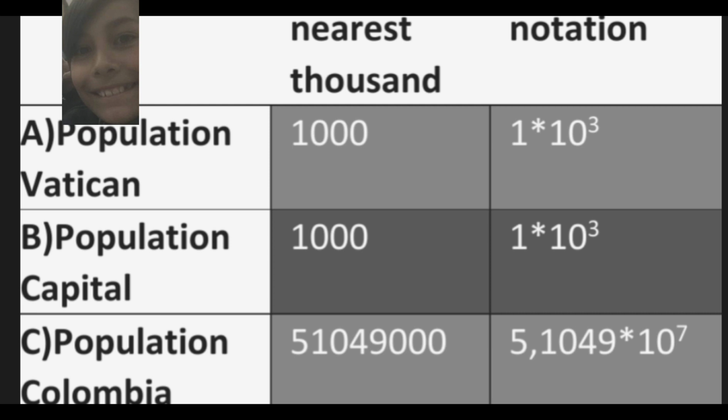The population of its capital is 1,000 as well, and in scientific notation it's 1 times 10 raised to 3. And the population of Colombia in the nearest thousand is 51,049,000, and in scientific notation it is 5.1049 times 10 raised to 7.